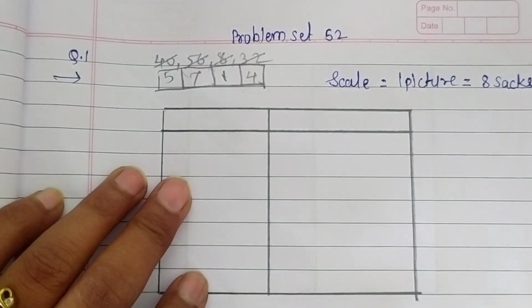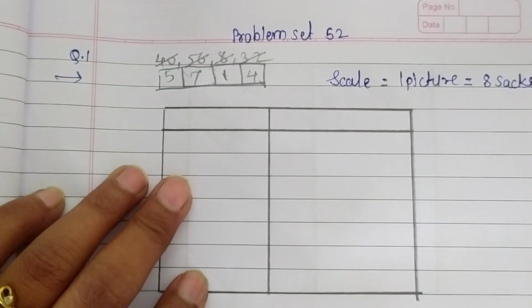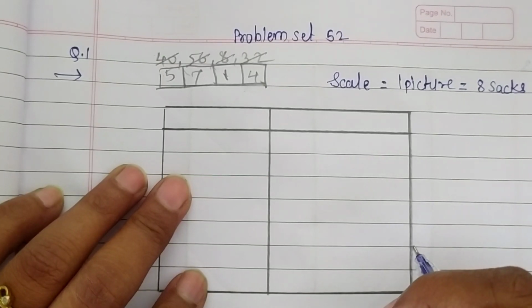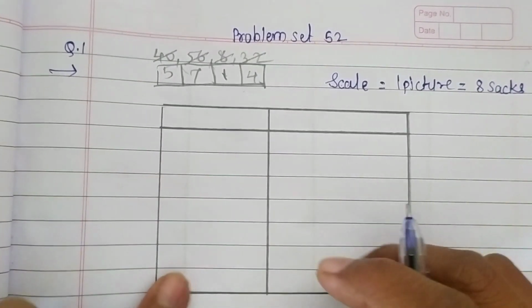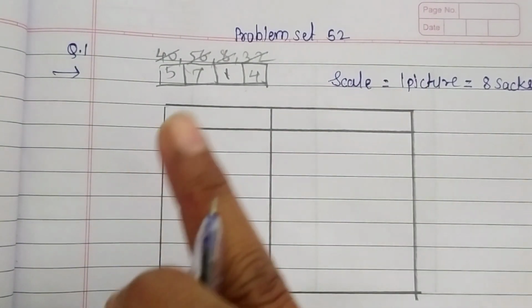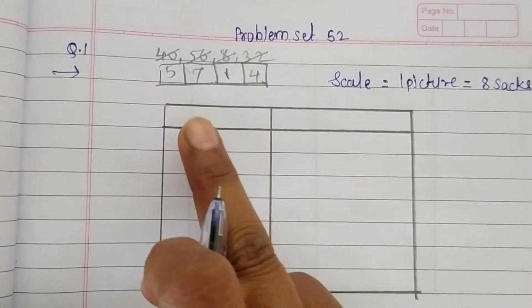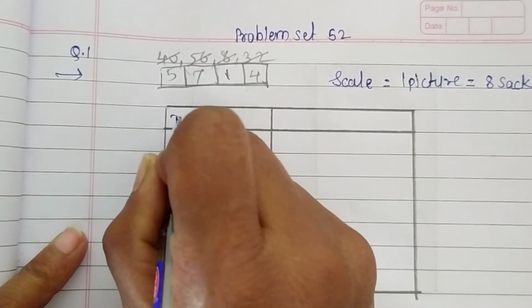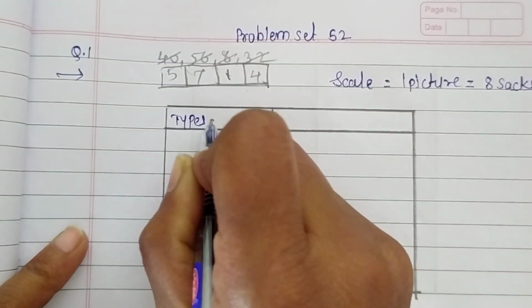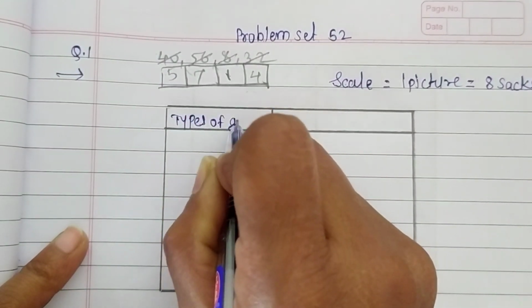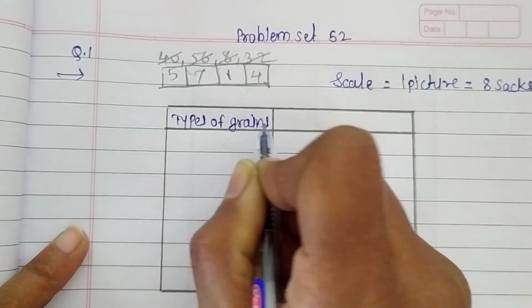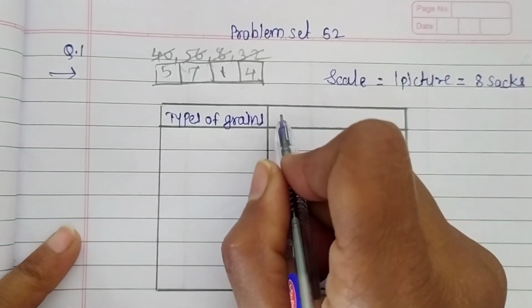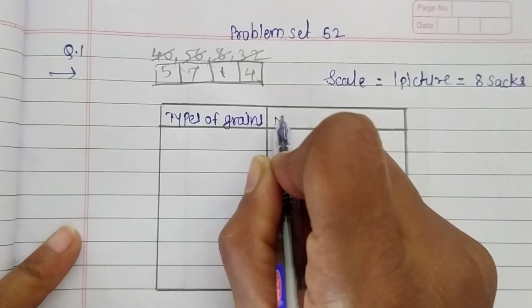Now the next step is to make the right columns for the pictograph. Here we have to draw two columns. In the first column we write types of grains, and in the next column we write number of sacks.